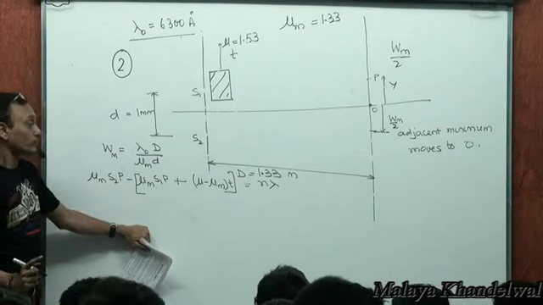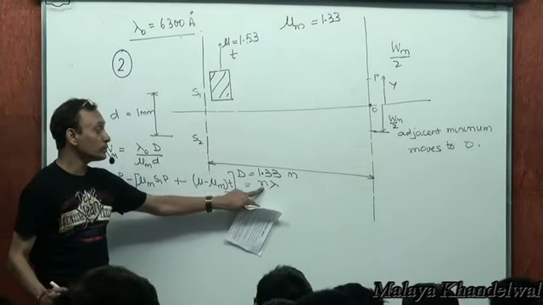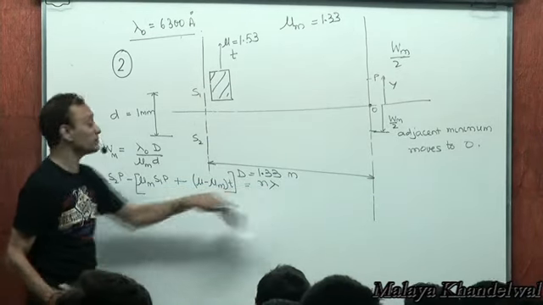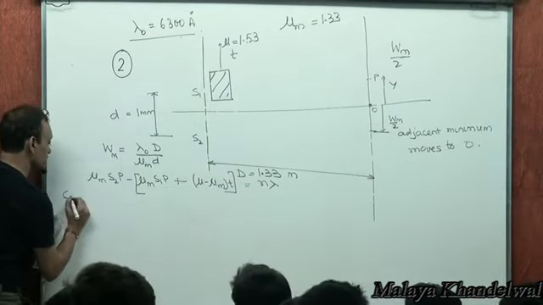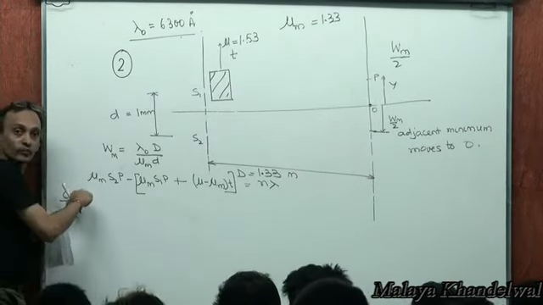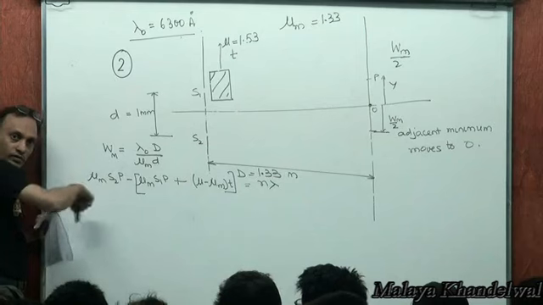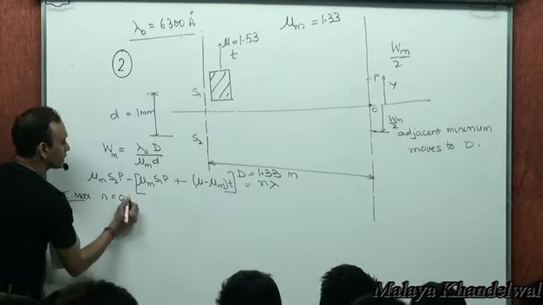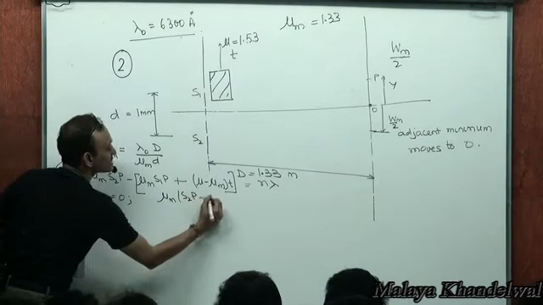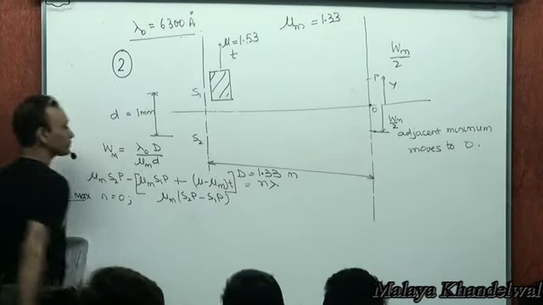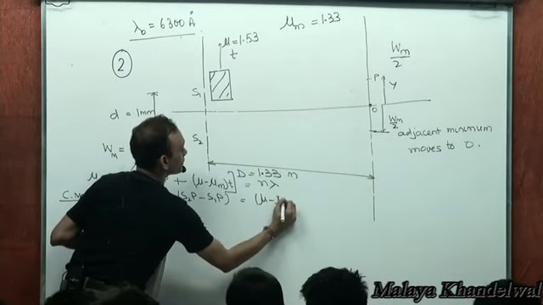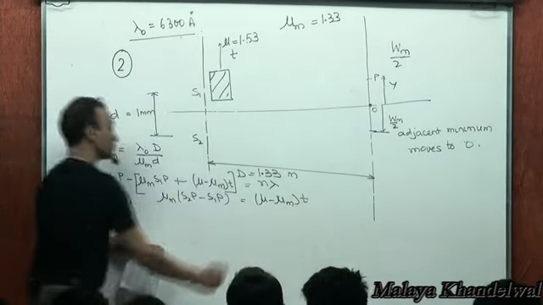Now, if you want a central maximum, then n will be 0, right? So for a central maximum, n is 0. That means mu m times (S2P minus S1P) must be (mu minus mu m) into t.